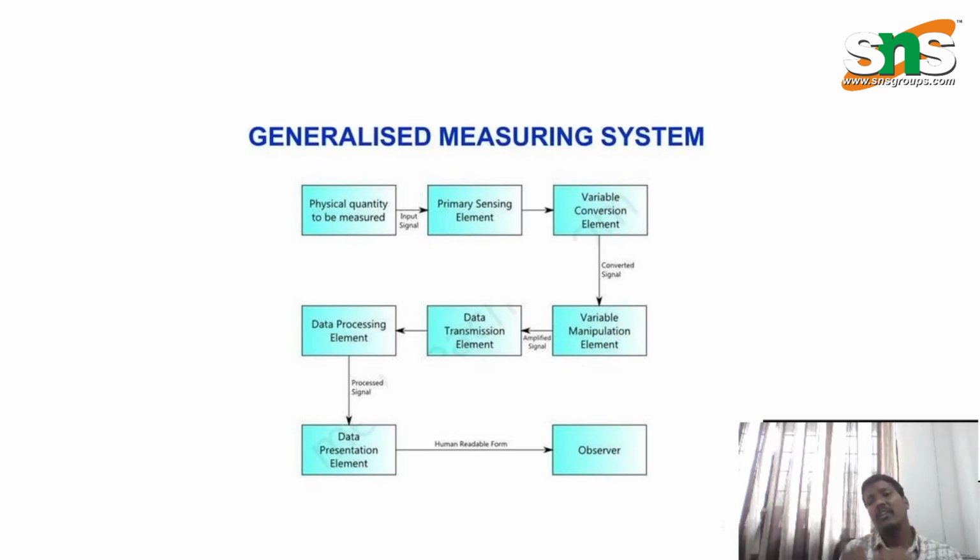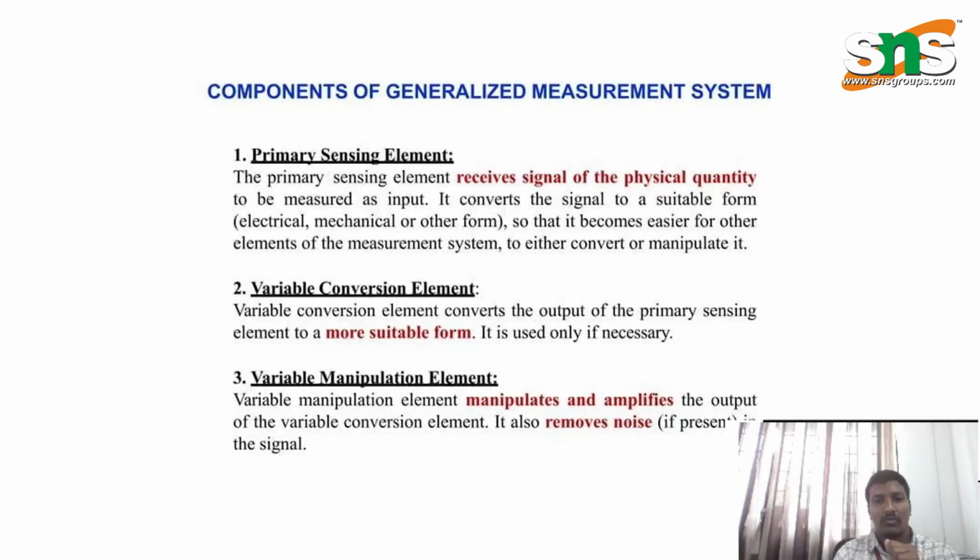By using the EMF, we get the rotary movement in our ammeter box. In the variable manipulation element, you can choose the value for your usable purpose. The data transmission, data presentation, and data processing elements are used to define the value for the user's purpose. So for any kind of process, people use this generalized measurement system.